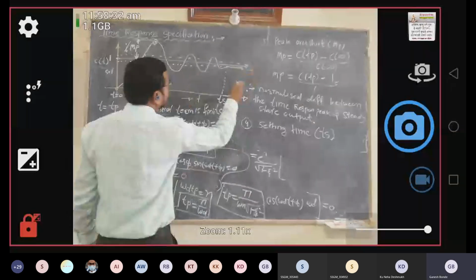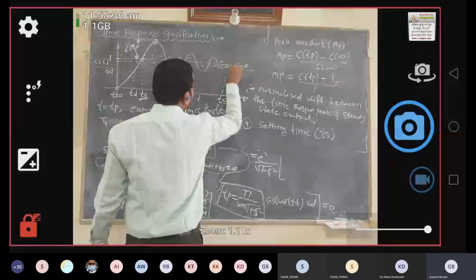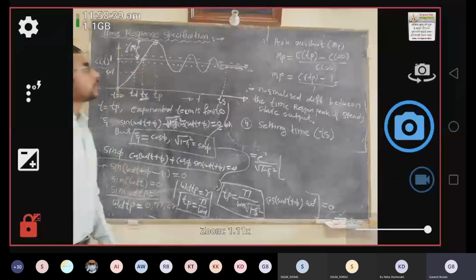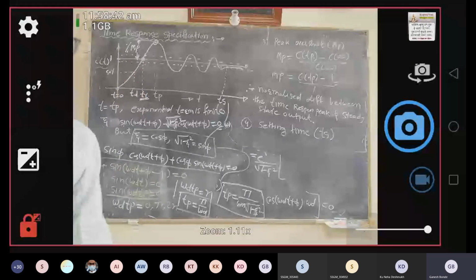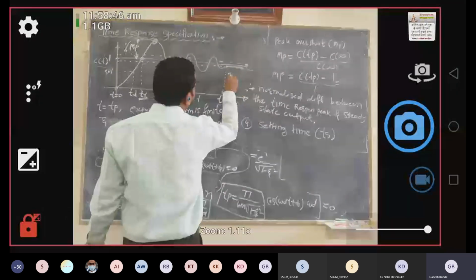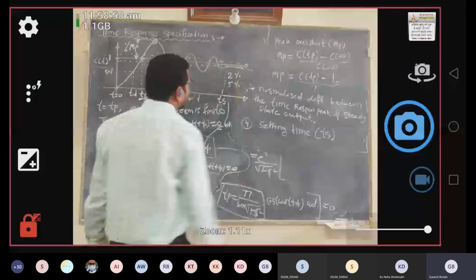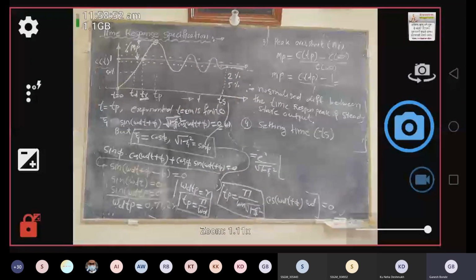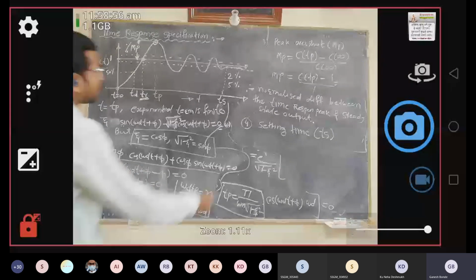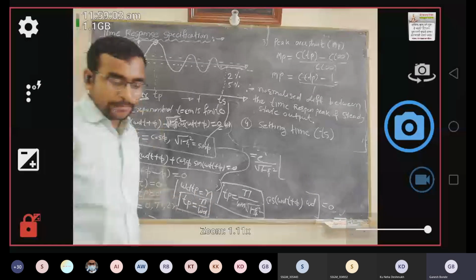If your output lies within these two tolerance bands, then it is acceptable. Generally settling time can be defined with respect to 2% tolerance and 5% tolerance. These are the two accepted tolerances. So you just note down the definition of settling time.